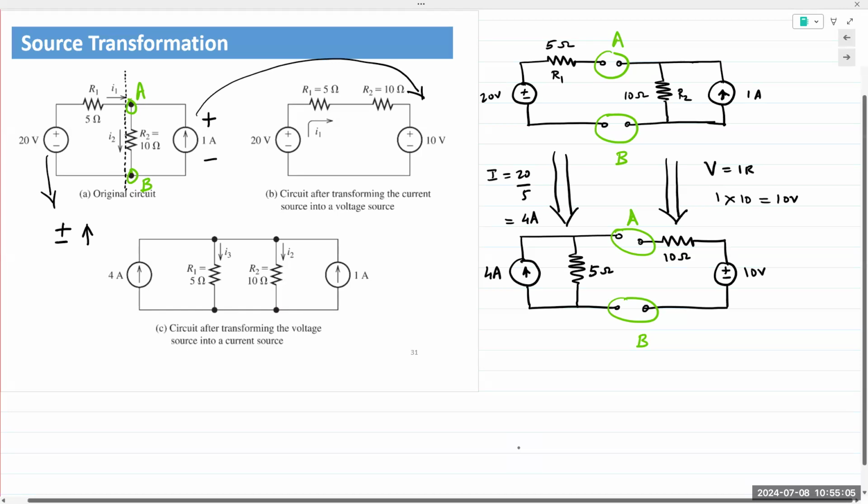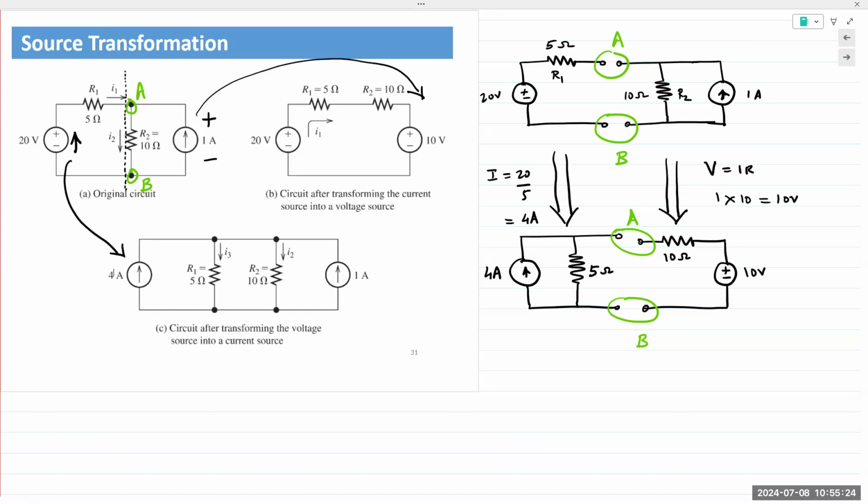So the voltage polarity is in that direction. Let me mark it here. So since this is minus plus, current goes up. And so when you transform the voltage source, it'll have a current that goes in the upwards direction.